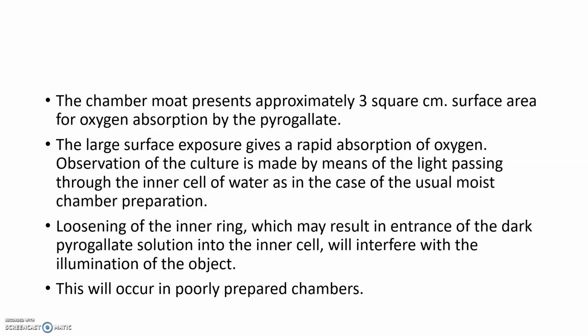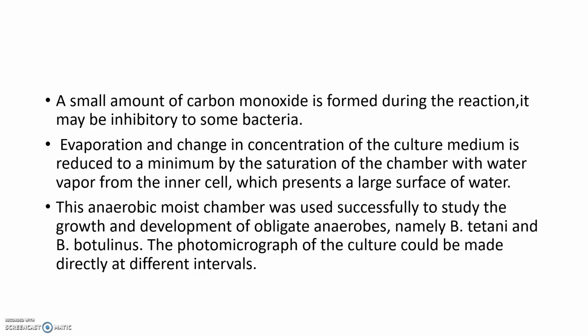That is a disadvantage. A small amount of carbon monoxide is also formed during the reaction, and it may be inhibitory to some bacteria. The evaporation and change in the culture medium is reduced to a minimum by saturating the chamber with water vapor from the inner cell, which presents a large surface of water.